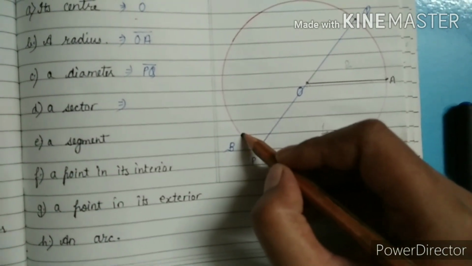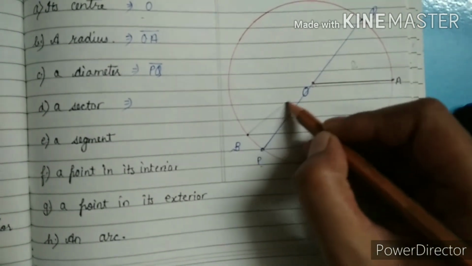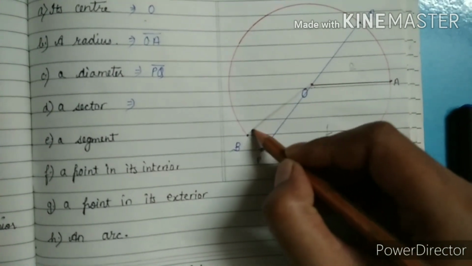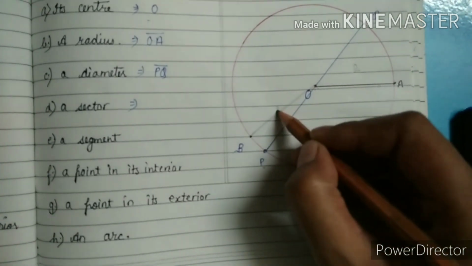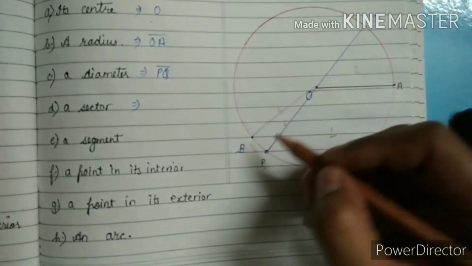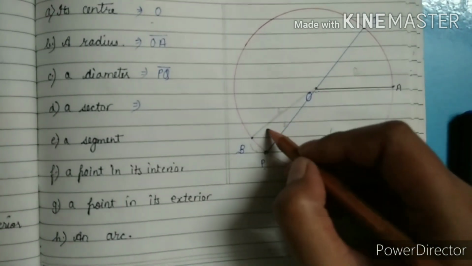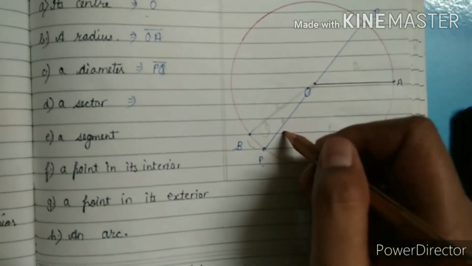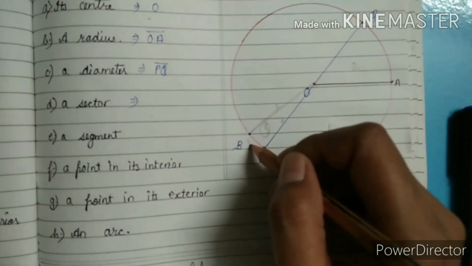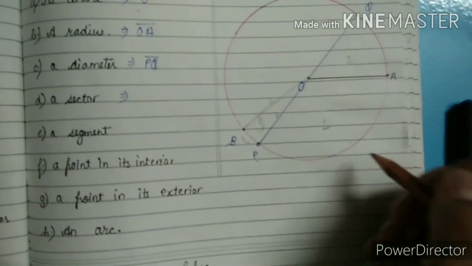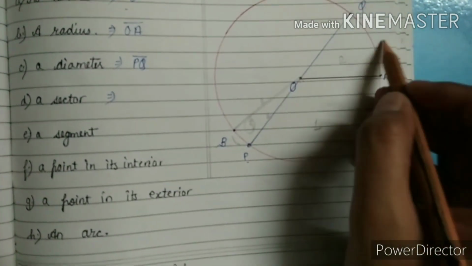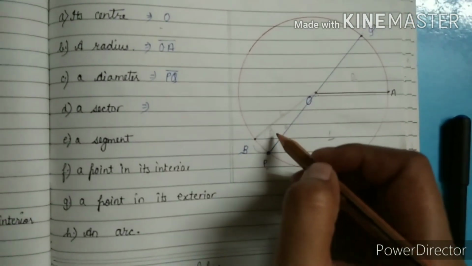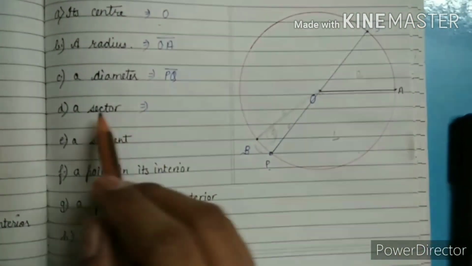When I join B to O, this is the second radius of the circle. 1, 2. And here is the arc. So this is the third sector of the circle. Because here is also 1, 2 radii and 1 arc. So they all three together are considered sectors of the circle.